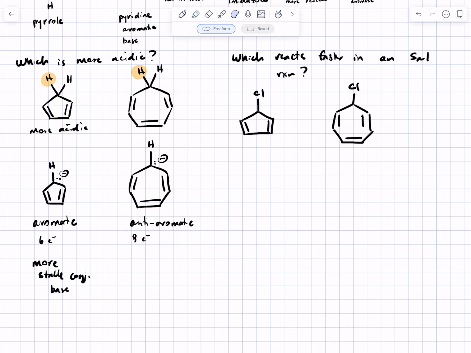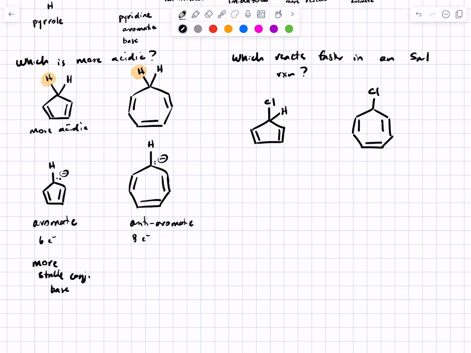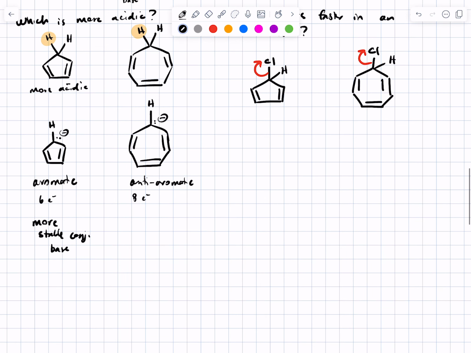Now he doesn't look sad, he just looks like he feels ridiculous with the chlorine on top. Okay, so which reacts faster in an SN1 reaction? Remember, in an SN1 reaction, the leaving group leaves. And we judge quickness of SN1 reactions by how stable the carbocation intermediate would be. So go ahead and draw the leaving group leaving.